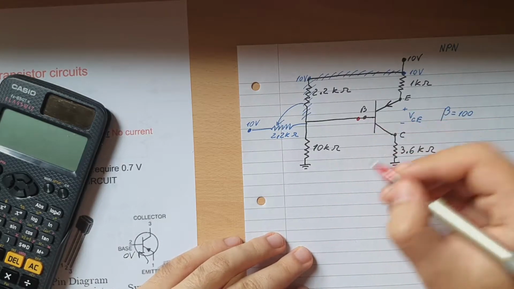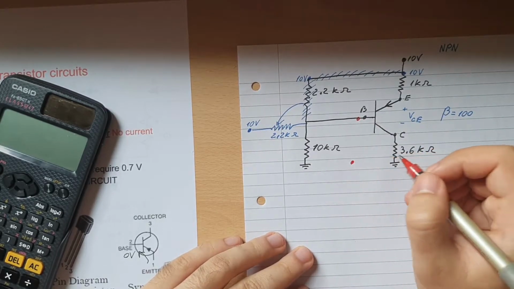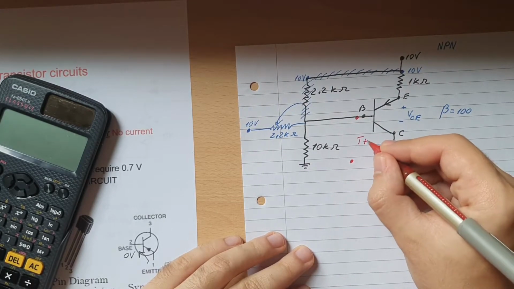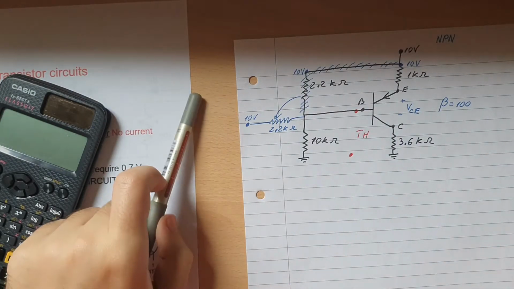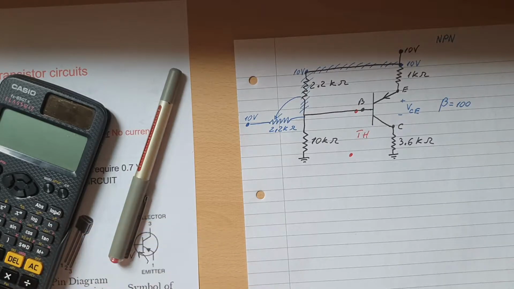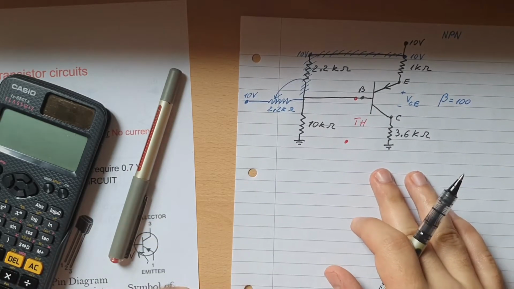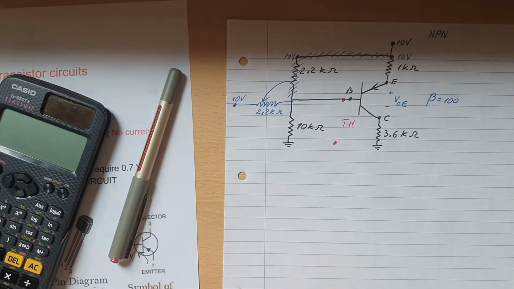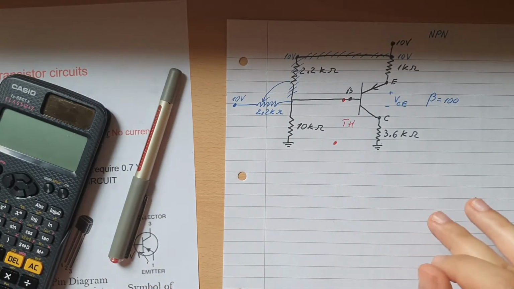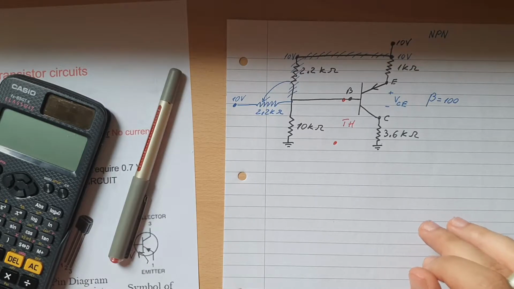We can mark one point here and one point here and say Thevenin's theorem, TH, okay? And now we just calculate the values of TH. And if you don't know how to do Thevenin's theorem, then look at one of my older videos. It's quite simple, it's similar to superposition, but I'm not going to spend a lot of time explaining it here.